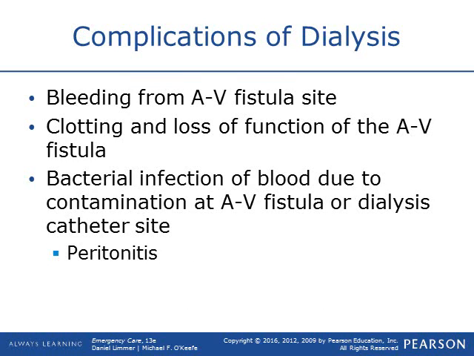Some complications that can come of dialysis are uncontrollable bleeding from that fistula site. The body generally has a poor clotting effect. Patients can also get site infections from where that catheter has entered the body, causing peritonitis and just overall infections.